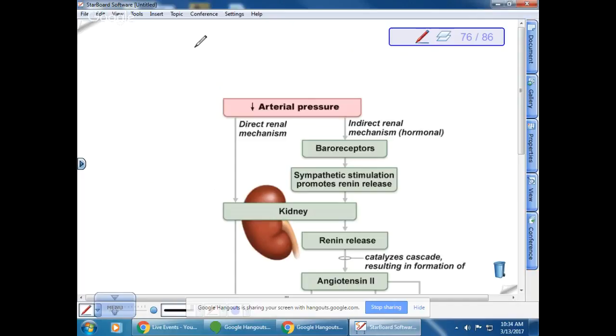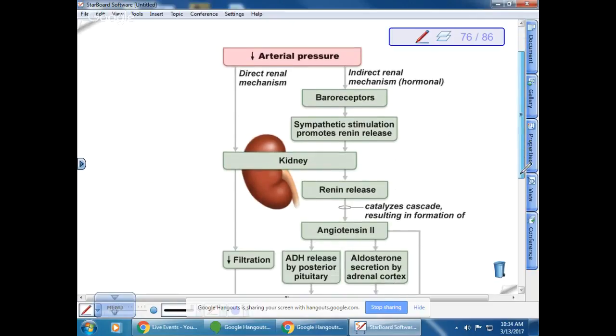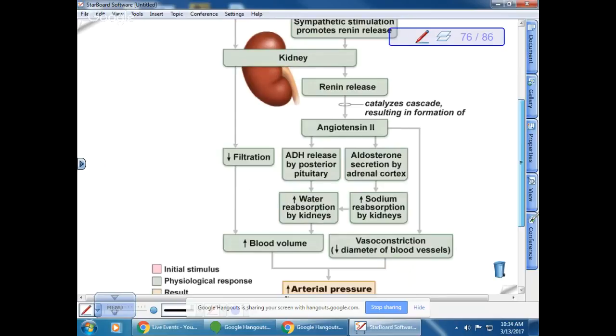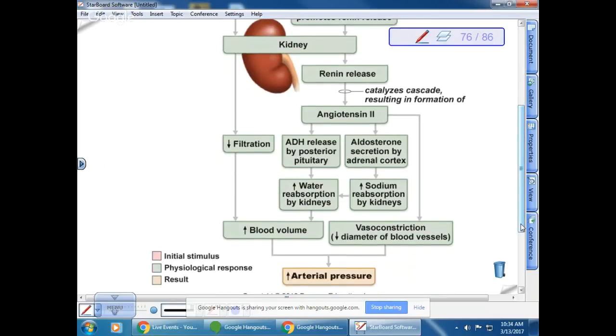Yep. Okay. So here, if our arterial pressure is too low, okay, the kidney produces renin, which causes angiotensinogen to be produced, which then subsequently also causes ADH release and causes aldosterone secretion, which then affect blood volume, which then ultimately will increase the arterial pressure in the blood vessels.